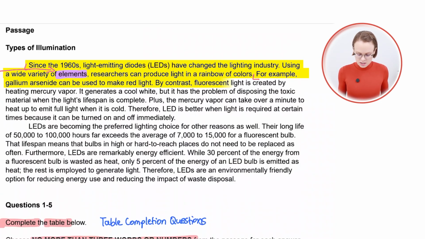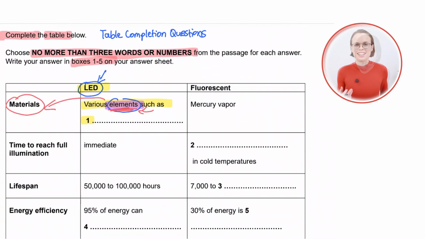Then the passage goes on saying, by contrast, fluorescent light is created by heating mercury vapor. So here the passage is already talking about fluorescent light. And you can see the word fluorescent here. We are not interested in this part of the table at the moment. We are interested in the part where it says LED.